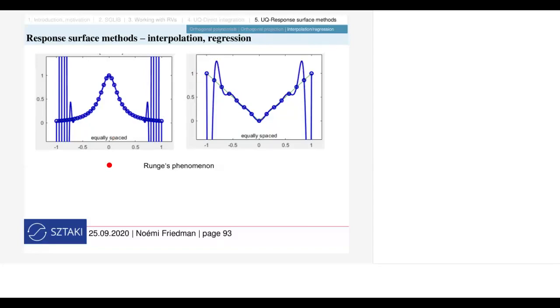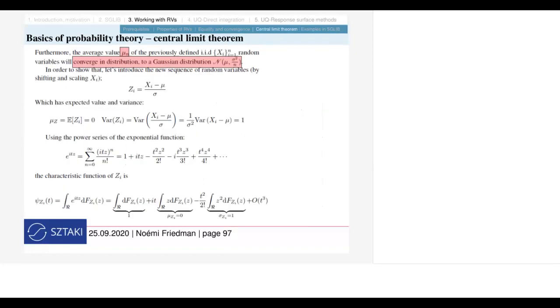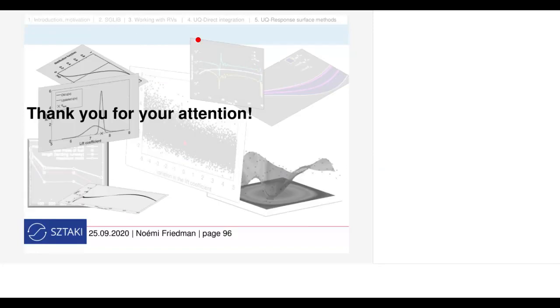So a good set of points to use for the interpolation is, for example, the Gauss quadrature points that we use for integration. Exactly the same points can be used also for interpolation because they have the nice property that there are more points on the boundary than in the middle part. So this is something you have to look for, and these are the slides for regression and interpolation.